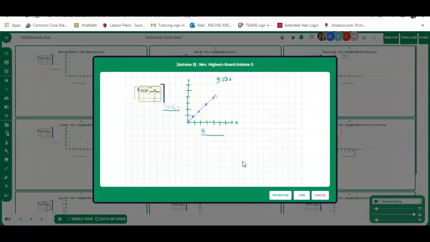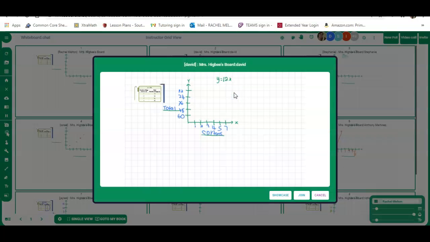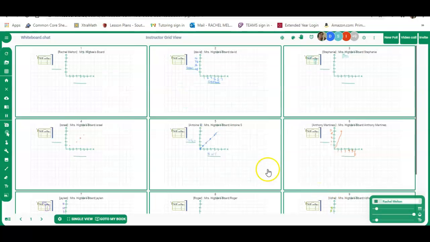Antoine, looks good, but put your labels, your intervals in there. David, the only problem I see with your intervals there is that you're going from top to bottom. You need to go bottom to top. Okay, so they're in the wrong order. And I'm pretty sure 6 comes after 5, doesn't it?